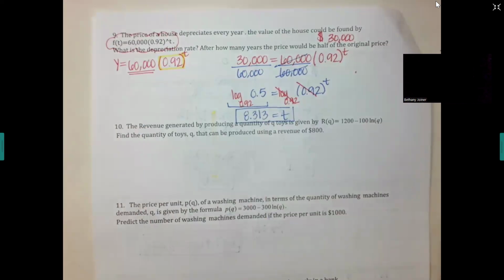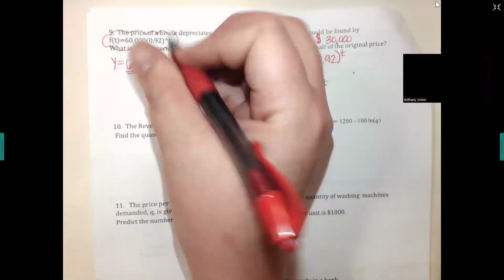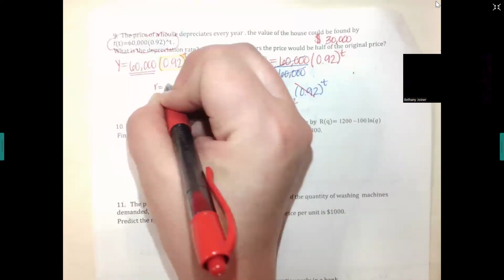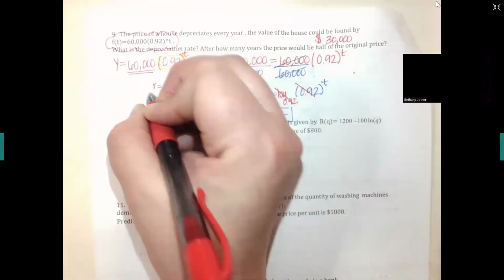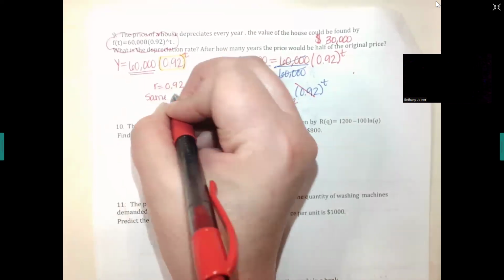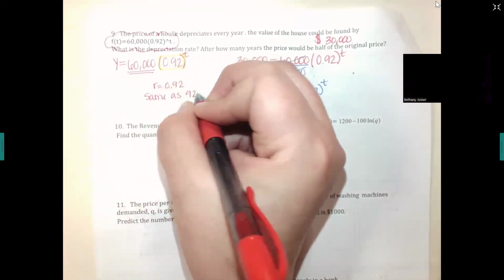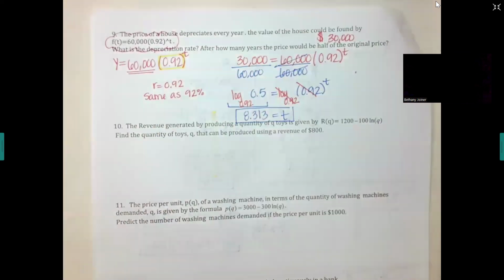Remember that a rate is really just a percent written as a decimal. So if my rate is 0.92, that is the same as 92%. Now I want you to think about, if I want to know the depreciation rate, that means how much the price is going down each year.